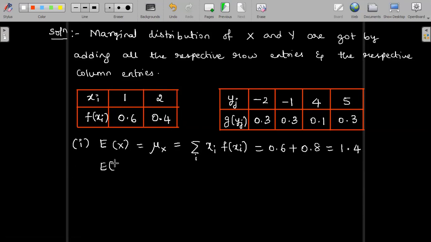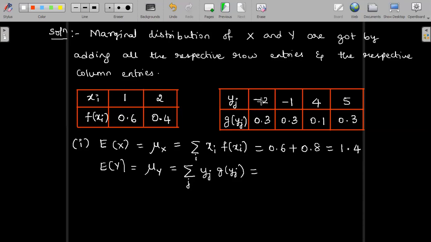Similarly, E of y is nothing but the expectation of y, or mu y. Formula: summation over j of yj into g of yj. From the marginal distributions, we are able to calculate all these. It is simple and easy if we write down the marginal distribution table so that the values of expectations are easily calculated.